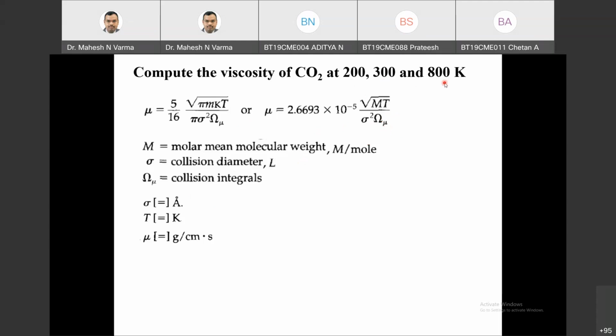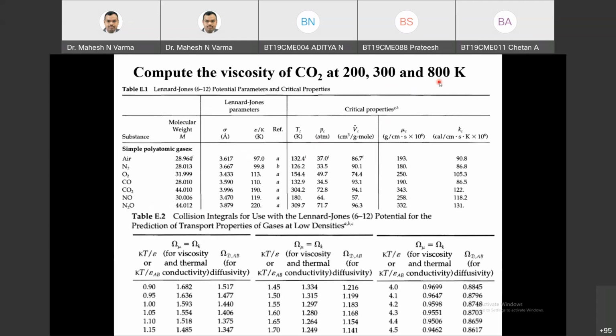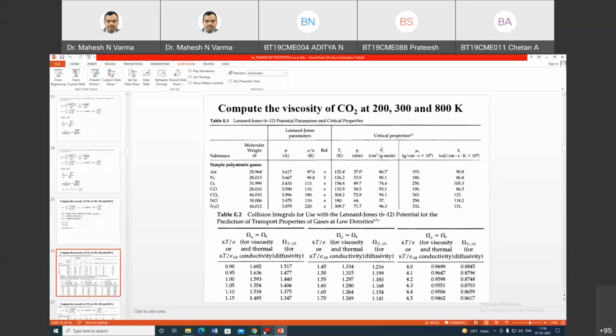So even though I am showing this table, this is actually a broken table. This table is not in this form actually. Only 0.9 to 1.5 and 1.4. Let me see that. Yeah, it is open.